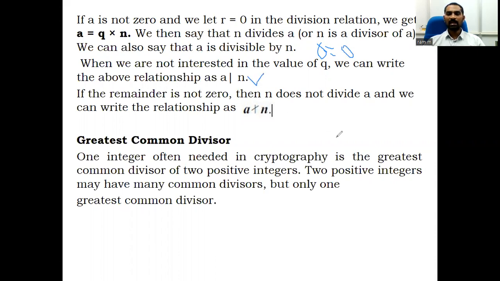That is represented by n divides a. Similarly, if the remainder is not equal to 0, then I represent this as: a is not exactly divisible by n.